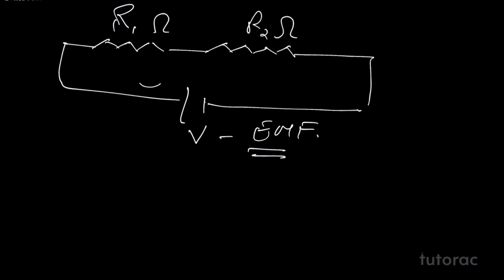Now, let's try to apply Kirchhoff's law to it. For this I'll take the clockwise direction. We know the current will flow from the positive terminal to the negative terminal. This will be the direction of current.